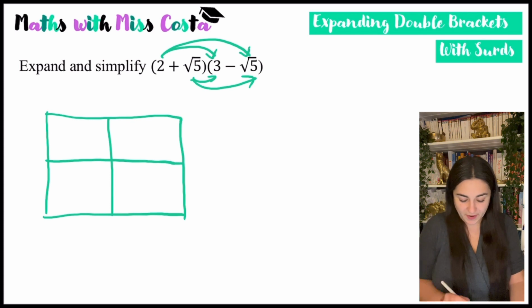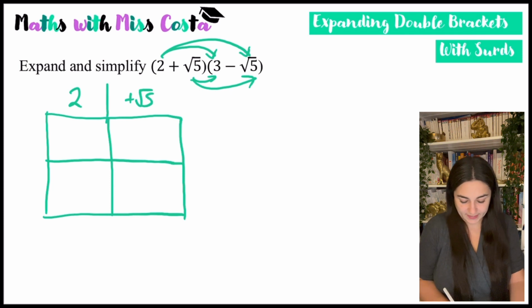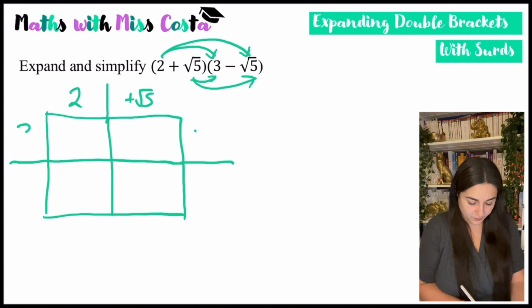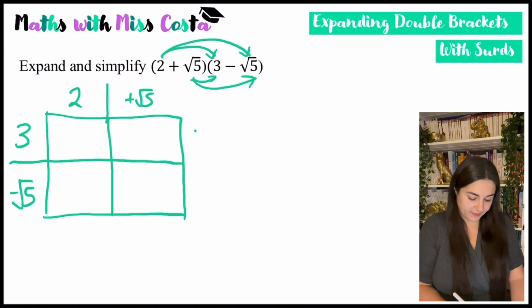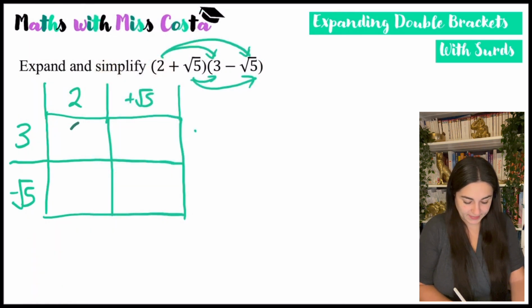So to do the grid method, I write one bracket at the top. So 2 and root 5, and I split it into its 2 terms. And then we've got, I'll do it on this side actually, 3 and negative root 5. So I start by just multiplying each term. So I've got 2 times 3, which gives me 6.